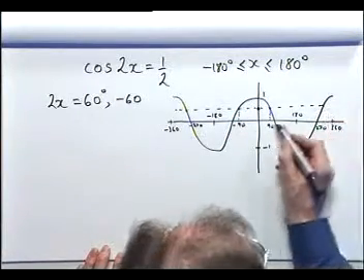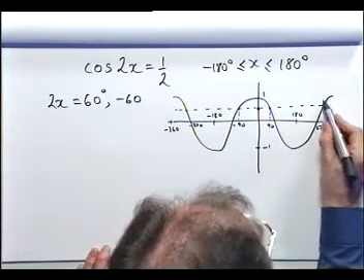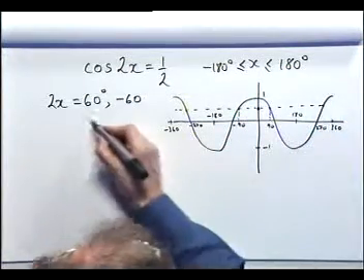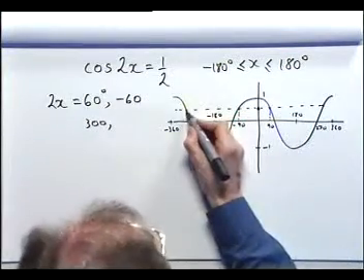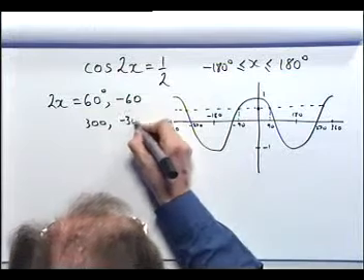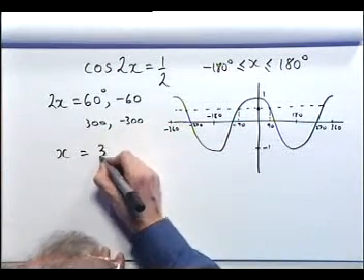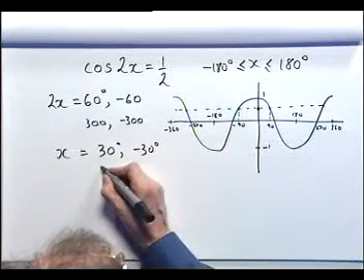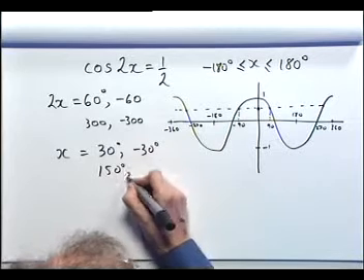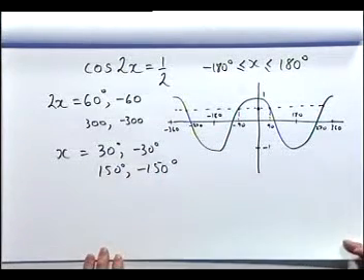Well, again, symmetry says that we are 60 from here, so we've got to be 60 back from there, so this must be 300. And our symmetry of the curve says that this one must be minus 300. And so we have x is 30 degrees, minus 30 degrees, 150 degrees, and minus 150 degrees.